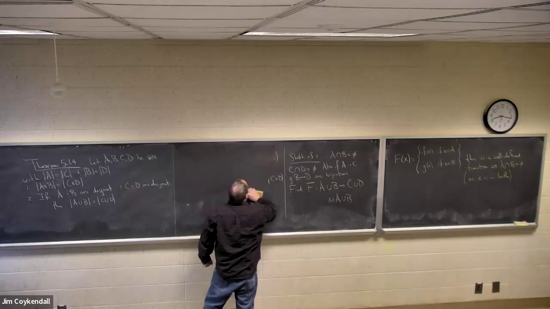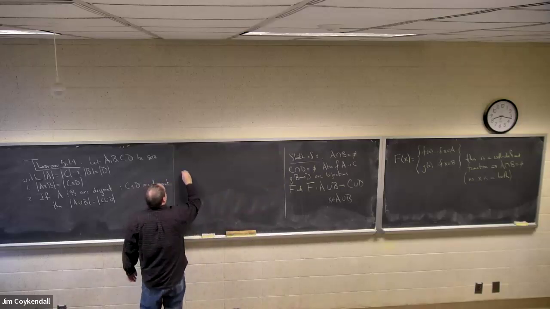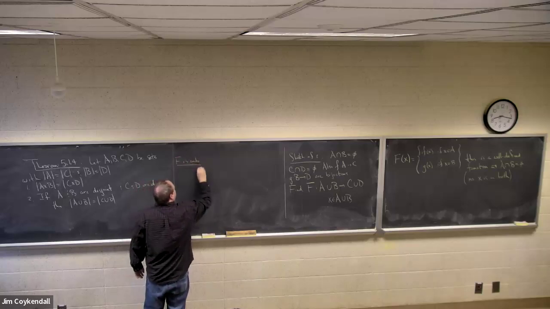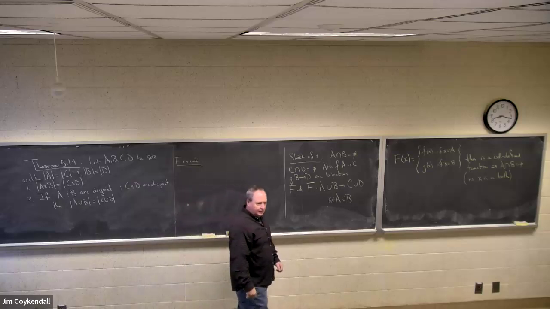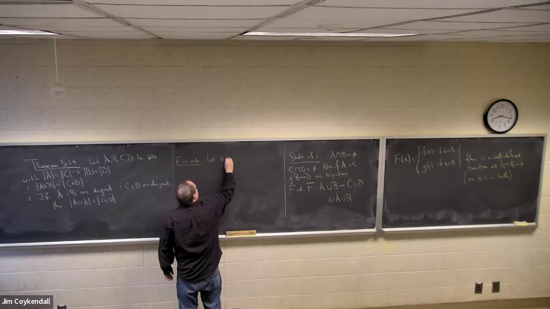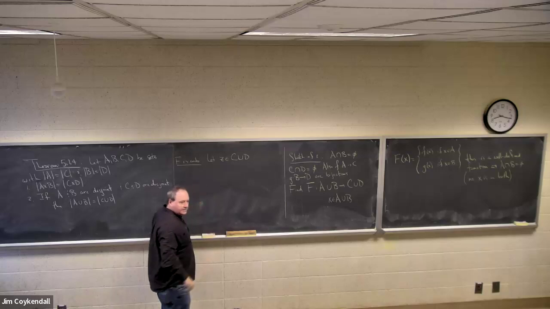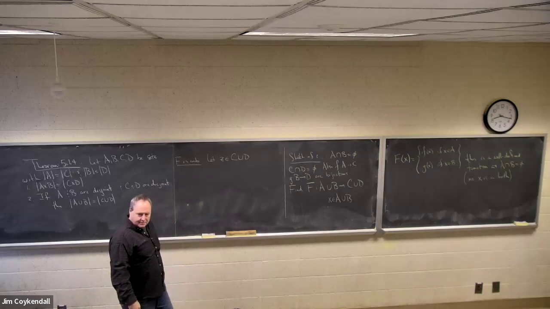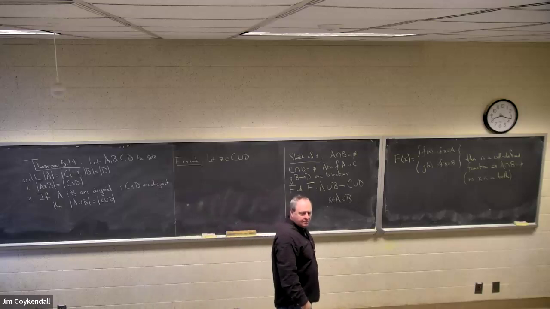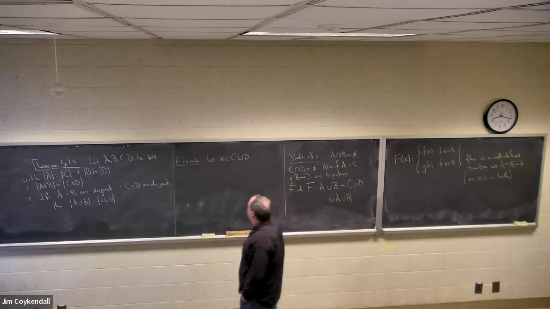I think onto is probably fairly simple. Why is that onto? Well, let z be in C union D. And z is in one of them.